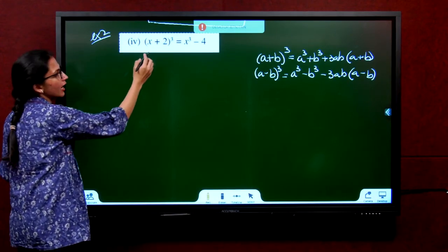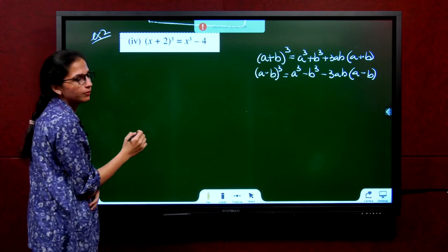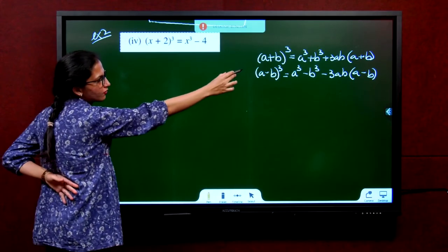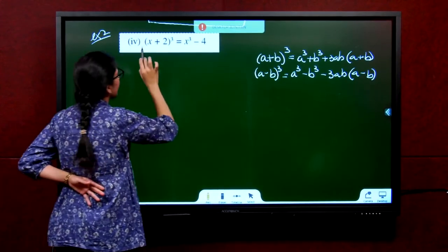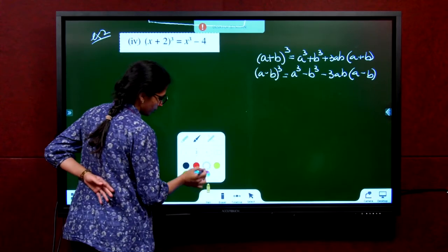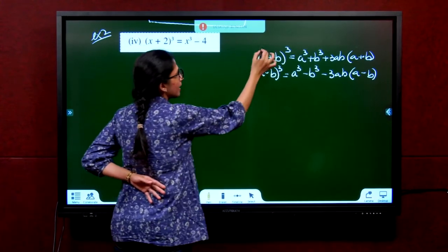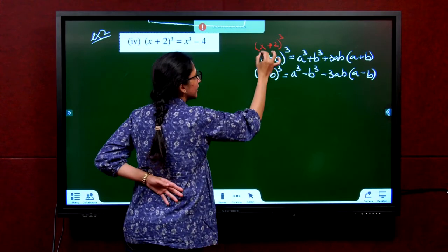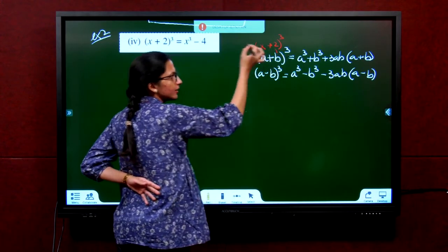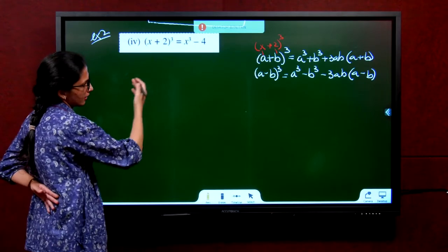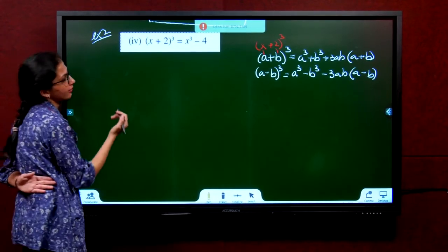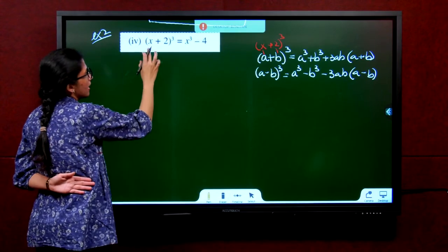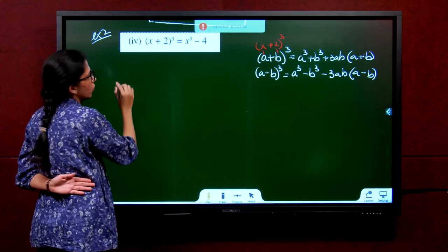So now here you have A plus B the whole cube. So we apply the first formula because this is x plus 2. So this is of the form x plus 2 the whole cube. A is x, B is 2. Compare it and we shall write the expansion now. A plus B the whole cube.